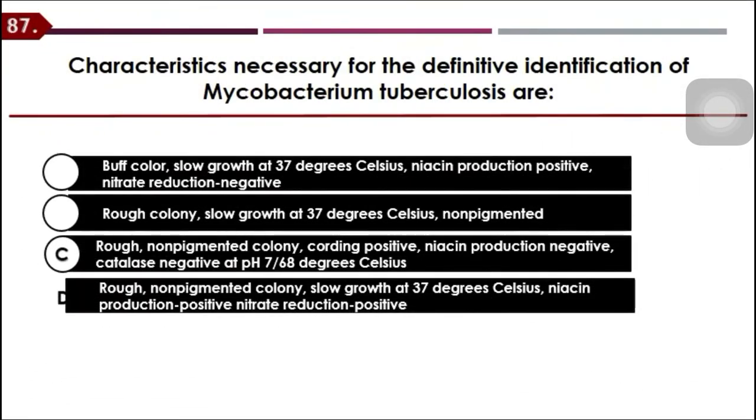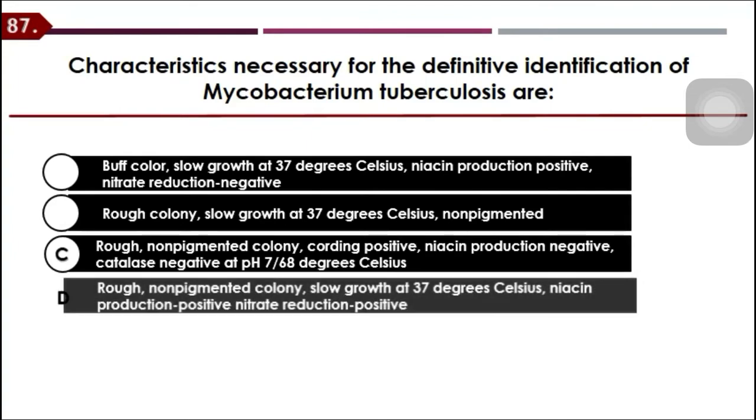For number 87, characteristics necessary for the definitive identification of Mycobacterium tuberculosis are: letter A, buff color, slow growth at 37 degrees Celsius, niacin production positive, nitrate reduction negative. Letter B, rough colony, slow growth at 37 degrees Celsius, non-pigmented. Letter C, rough, non-pigmented colony, niacin production negative, catalase negative.